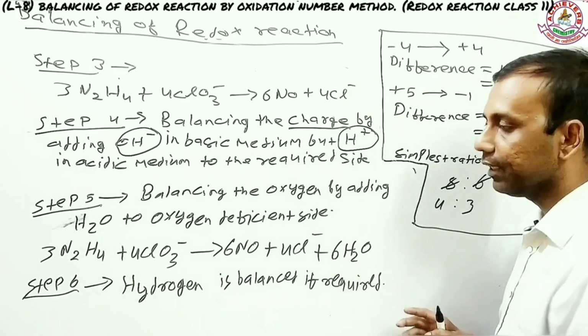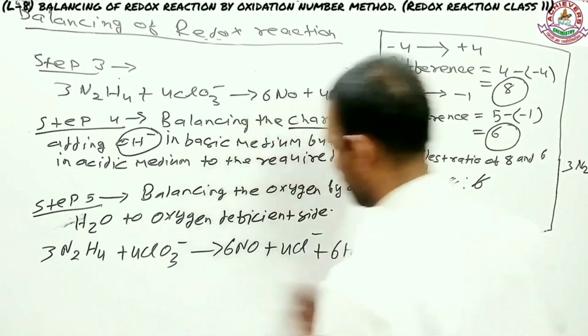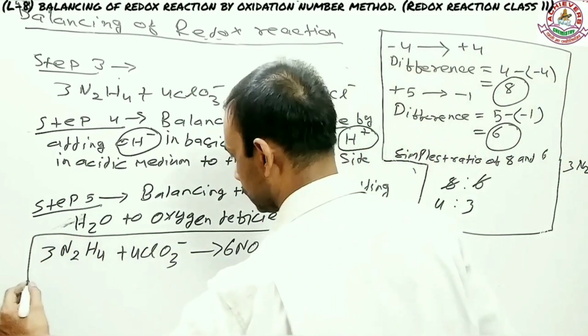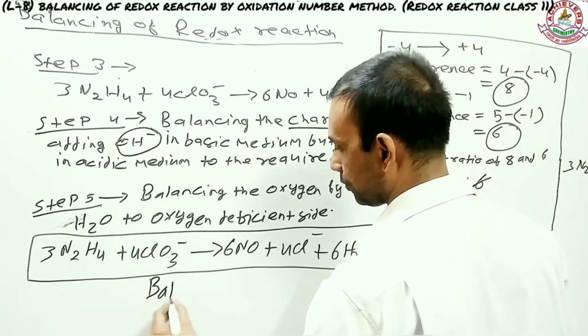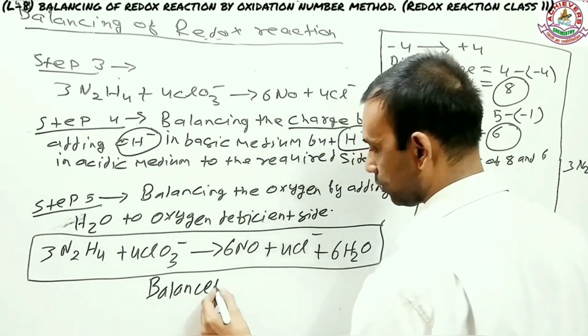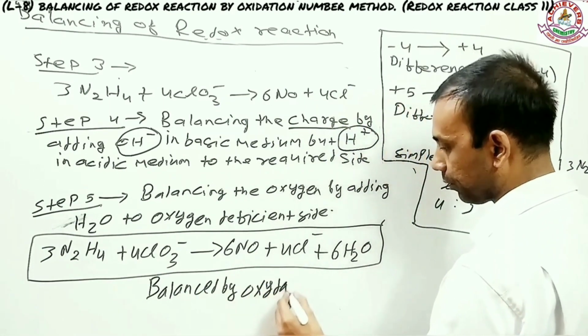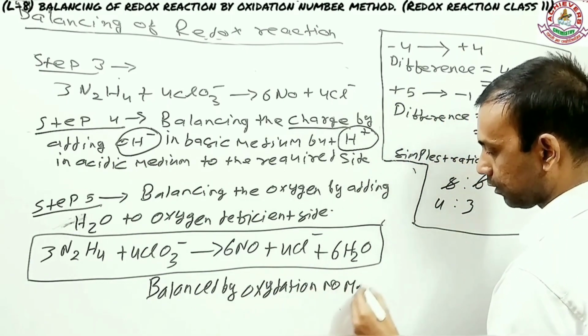So hydrogen is already balanced. So we need not balance any hydrogen. So this is how you have balanced every part of the reaction. This is a balanced chemical equation, balanced by the oxidation number method.